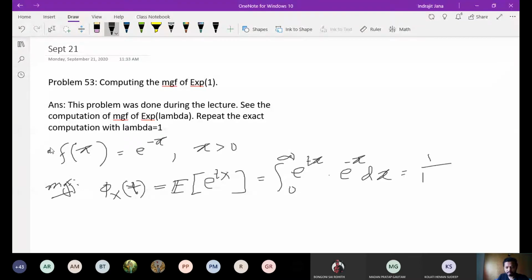This will be 1 over 1 minus t if t is strictly less than 1.